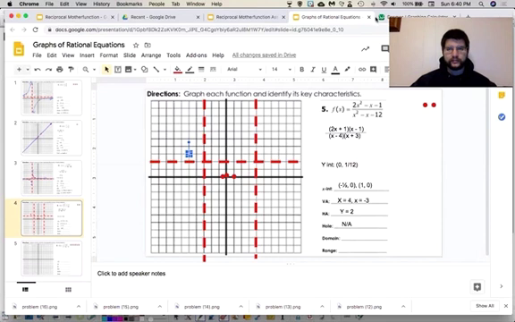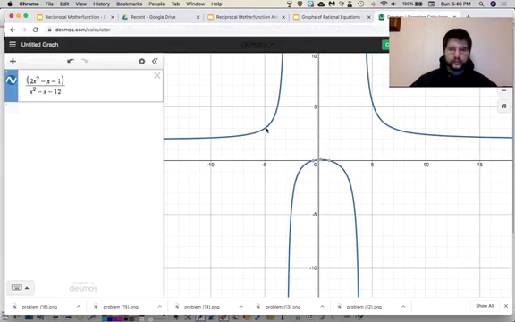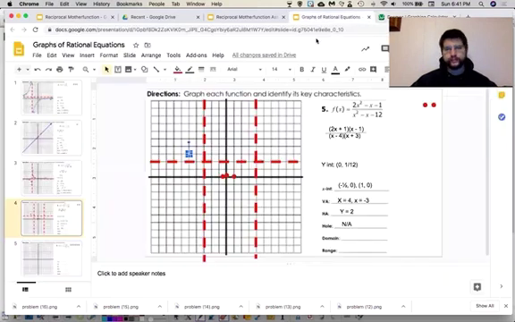Okay. So I'm going to use that point. I'm just going to sketch the rest of that. And let's see. This looks like a nice point. 7, 3. Cool. 1, 2, 3, 4, 5, 6, 7.